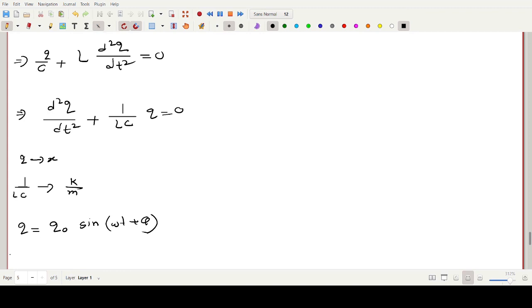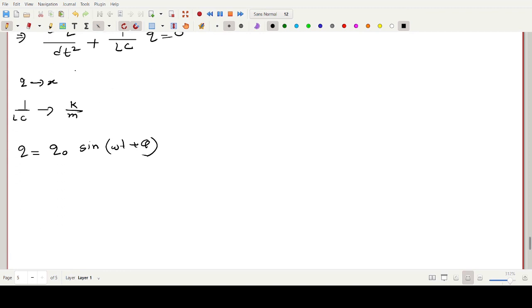Okay. Now here root of 1 by LC is the angular frequency of this LC circuit, which is also called the resonating frequency. So we can write omega naught equals 1 by LC whole to the power half.